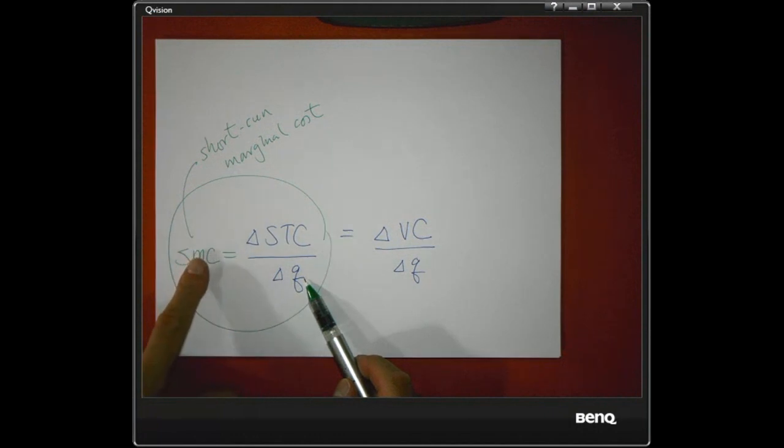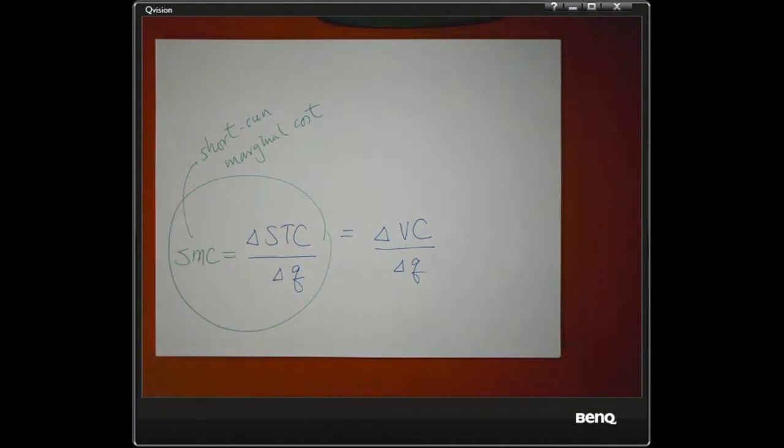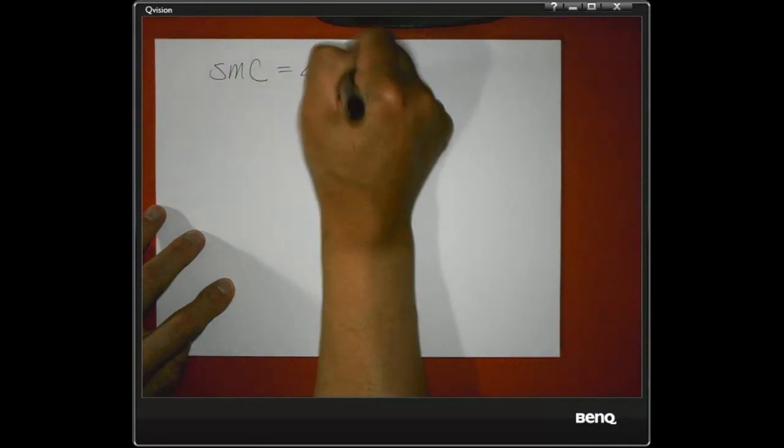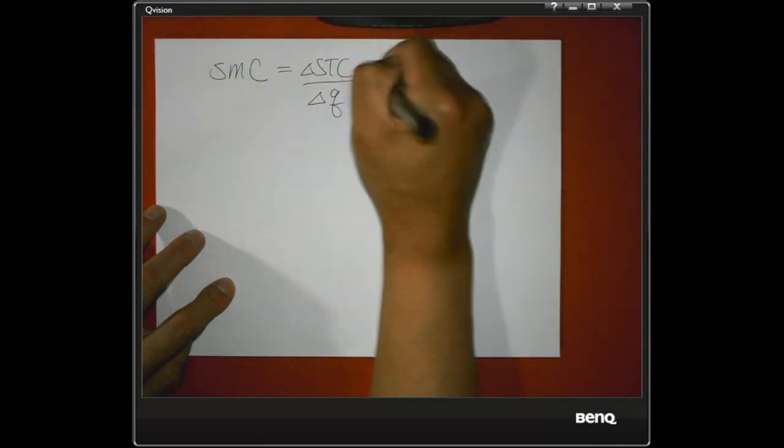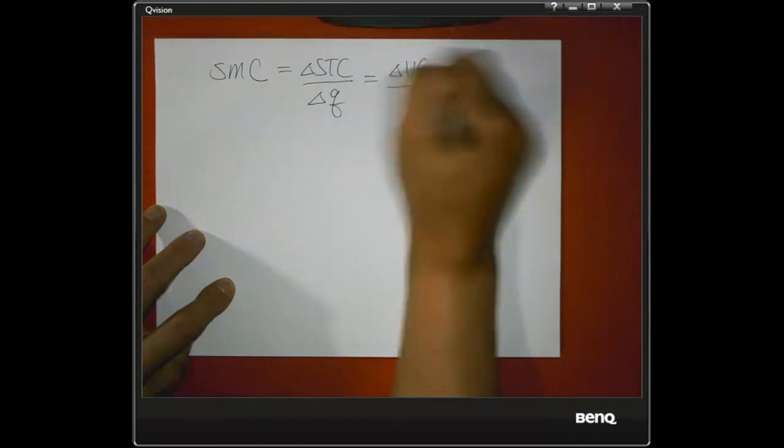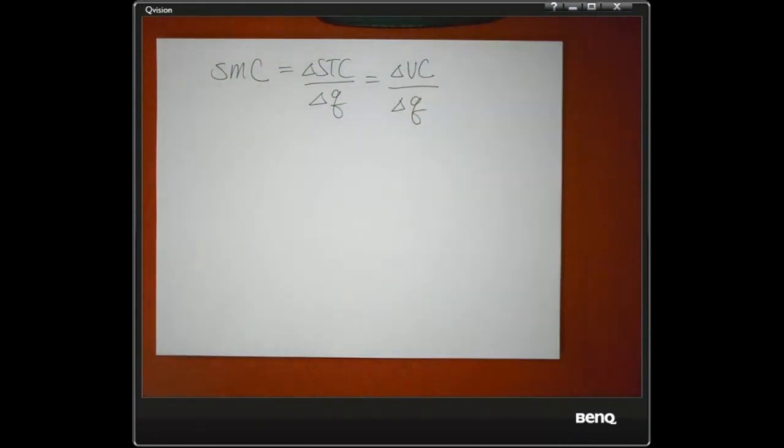So that is the short run marginal cost. And now, using this relationship, the short run marginal cost equals the change in the short run total cost over the change in the output, which is the change in the variable cost over the change in the output.